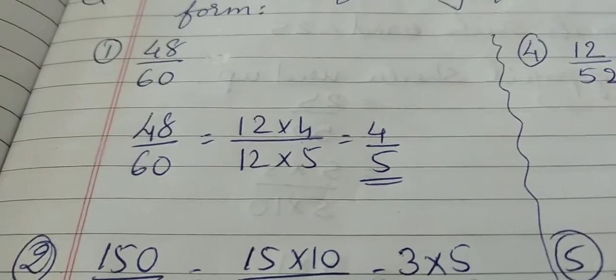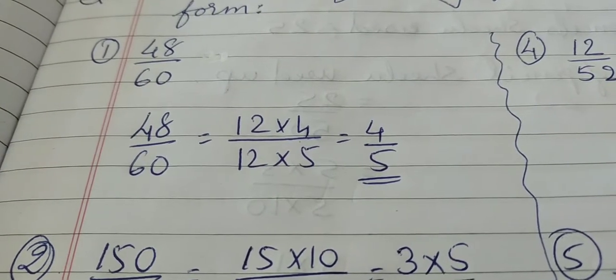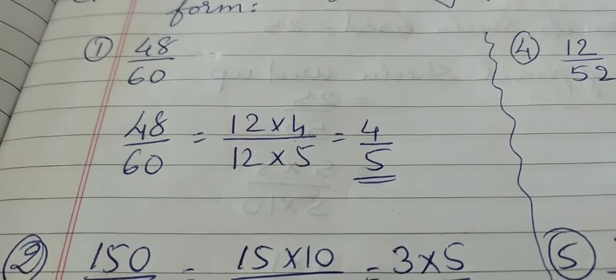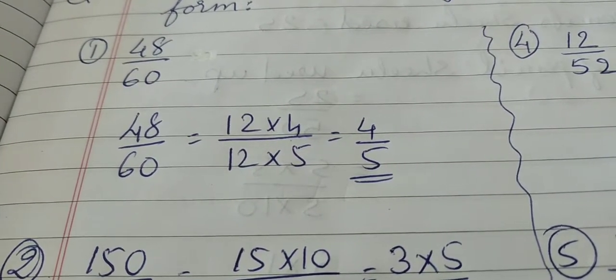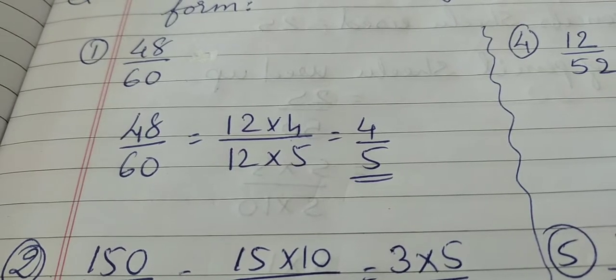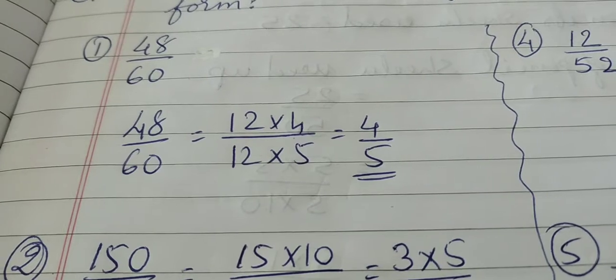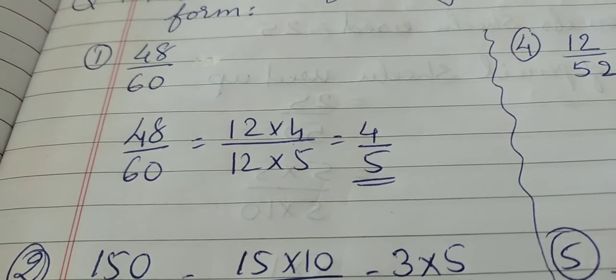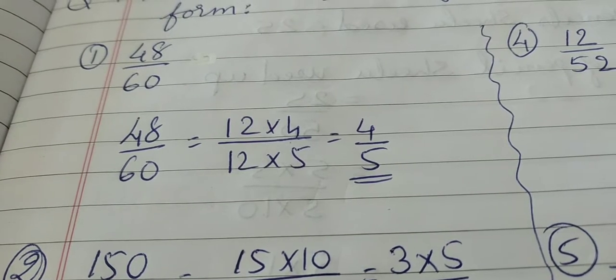48 by 60, which is the highest common factor between 48 and 60? Find out the HCF, or just use your gray cells logic. 12. In 12's table you get 48 as well as 60. So divide it, or you can write the factors. 12 4s are 48 and 12 5s are 60.